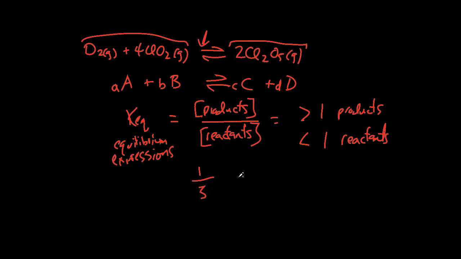If I had a number greater than 1, let's say an equilibrium constant or KEQ of 1.5, well, that's greater than 1, so if I take a 1.5 to 1 ratio, in other words I have more products over reactants, then this is going to favor the products.